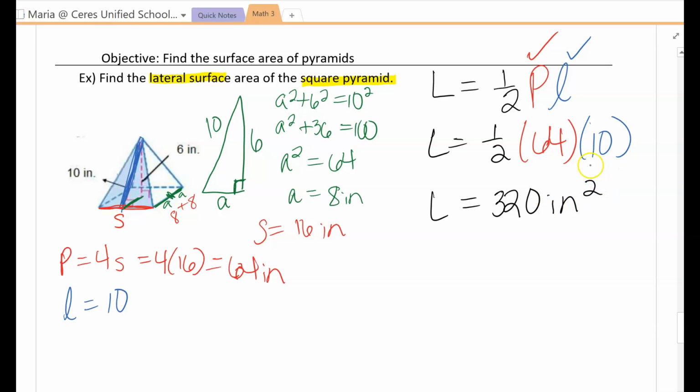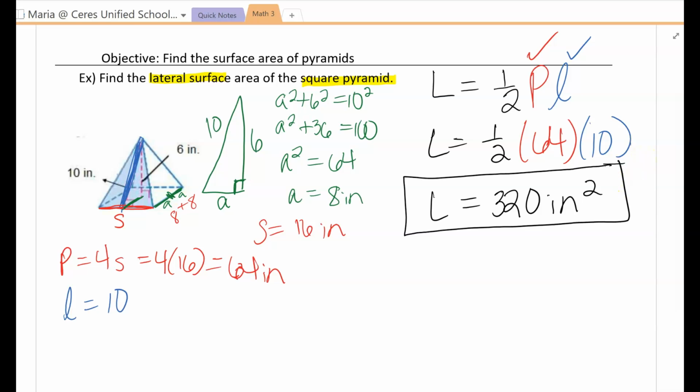Okay? Anytime you do area, don't forget your units are squared. Notice perimeter is just inches because it's one-dimensional. It's just the distance around an object, versus area, which is the inner piece of it, so it's two-dimensional, so it's inches squared or square inches.